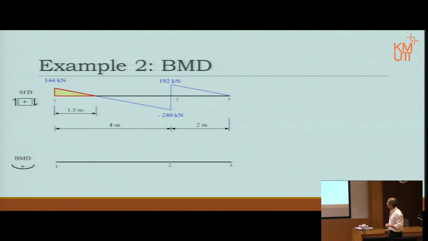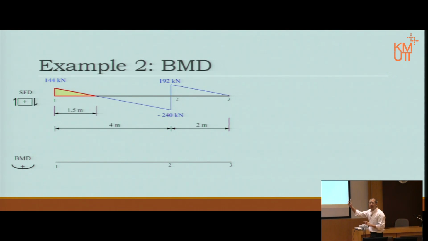First point remains 0. Come in, no moment applied, so still 0. Now the first one here, if we hit, is the rectangle. The slope is not consistent because the value of the shear force changes, meaning the value of the slope also changes. So the change in bending moment will not be a straight line. Now the way we look at it is that at the beginning, the value of shear force is 144, and then in the end it becomes 0.